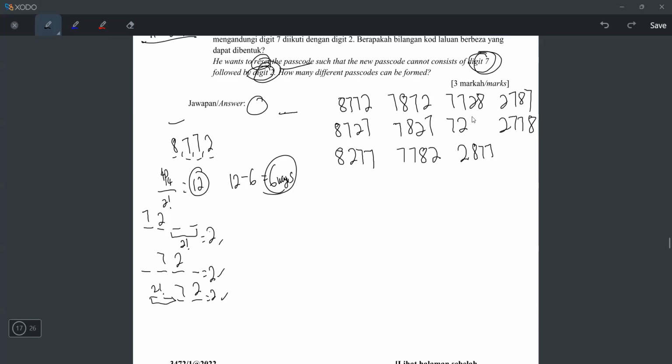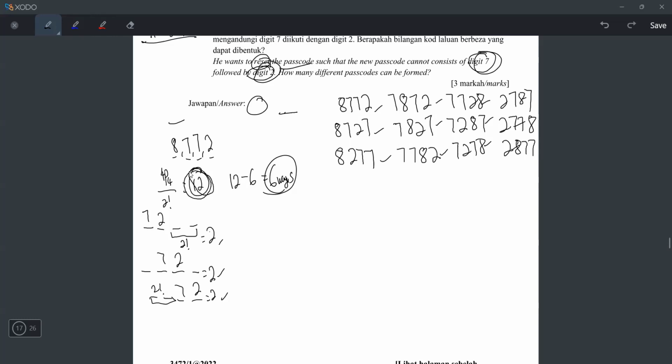So what about 7287? Yes, 7287. Or 7278. Is 7278 here? No, right? So I will write 7287 here, 7278, and then this one is 2877, right? So there are 12: 1, 2, 3, 4, 5, 6, 7, 8, 9, 10, 11, 12.